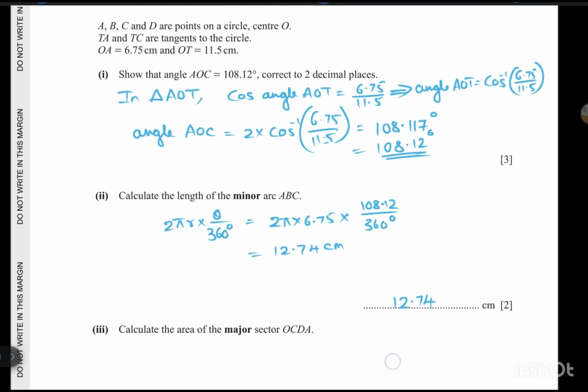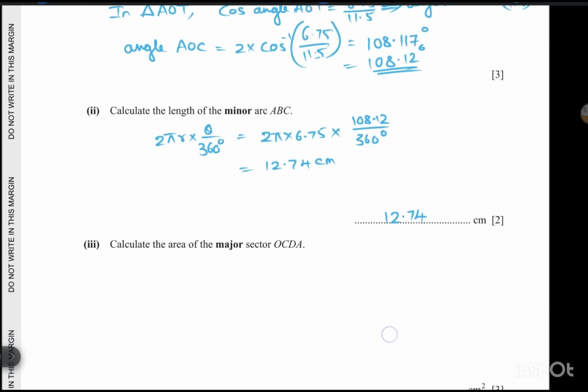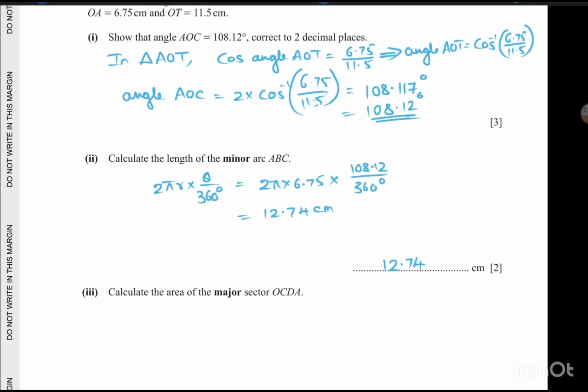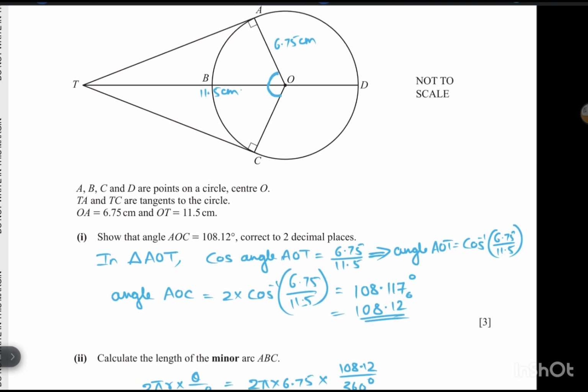Now the next question, the third one. Calculate the area of the major sector OCDA. Now here what is the major sector? The major sector is this part. We need to find the area of this major sector, OCDA.